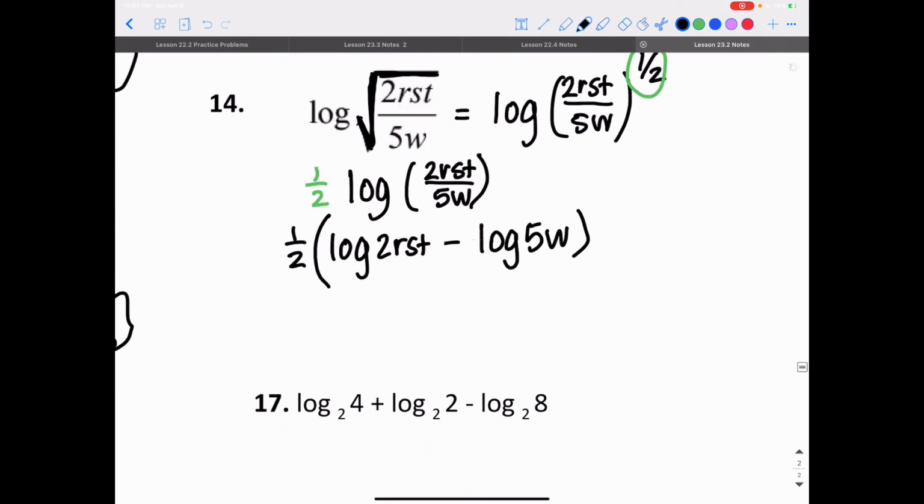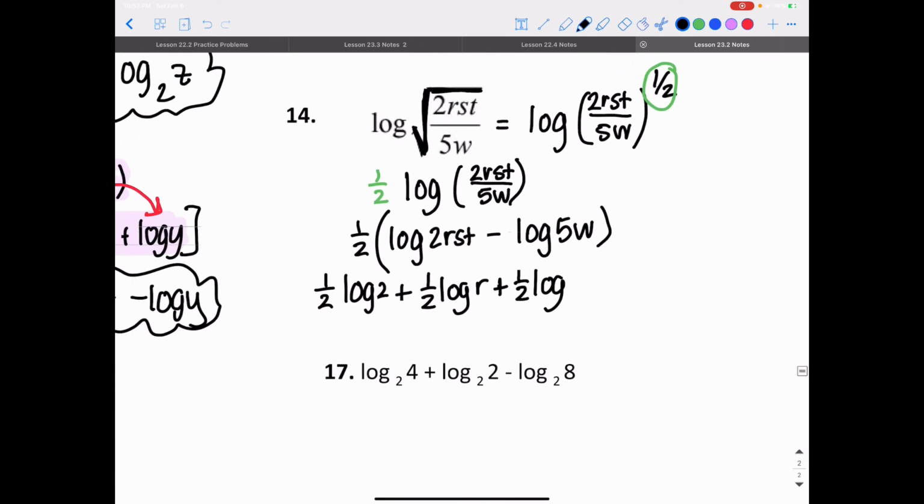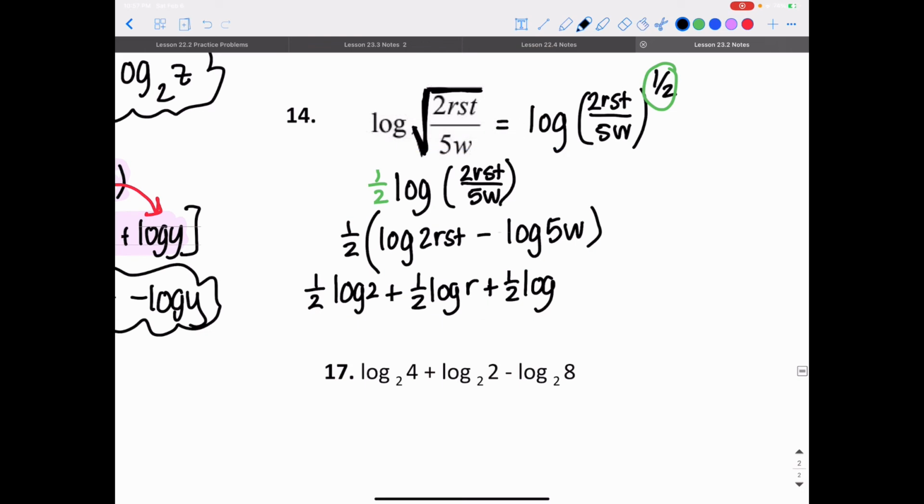I'm going to break this down further. This is all multiplication, so I can separate it with addition. I'm going to have 1/2 log of 2 plus 1/2 log of r plus 1/2 log of s plus 1/2 log of t minus this, I'm going to put in parentheses.